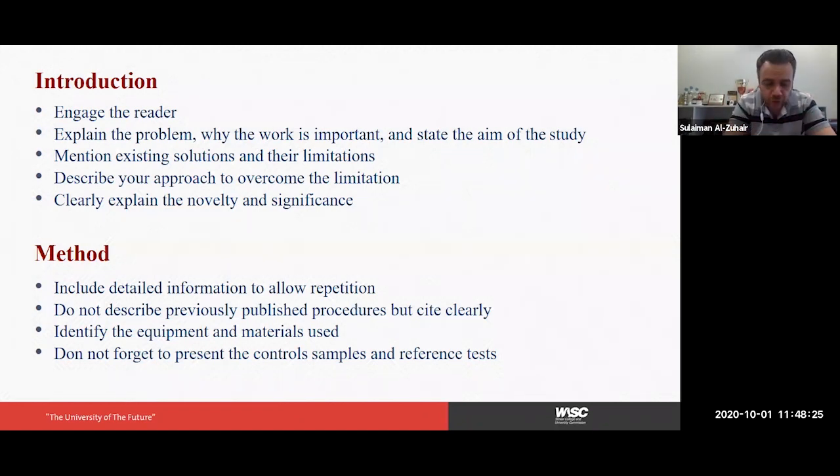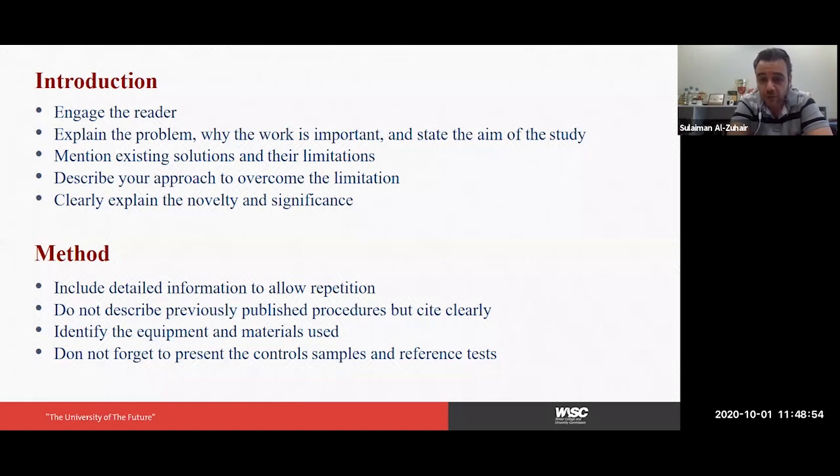So the equipment that you used, what model, what conditions, what temperatures, everything related to that instrument should be clearly explained. The materials, the purity of the material, what did you use, where you got them from, what's their purity, will also be specified so that people, if they want to get your same results, should use the same information.